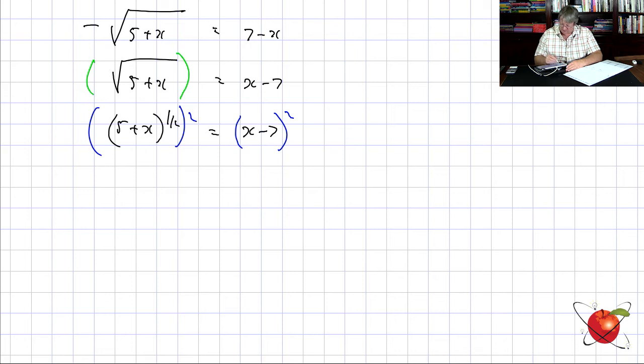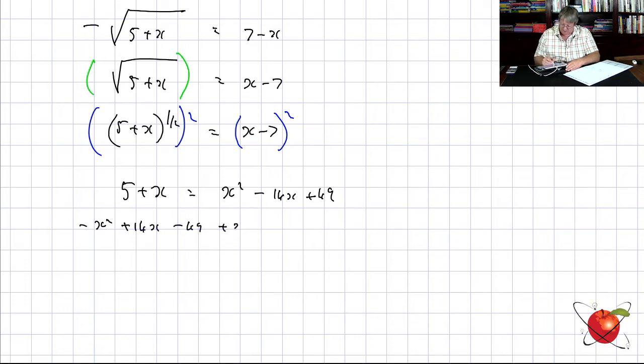When we square both sides, in this case, we get 5 plus x equal to x minus 7 squared, which is x squared minus 14x plus 49. Then bring it all to the right-hand side: minus x squared plus 14x minus 49 plus x plus 5 is equal to 0.